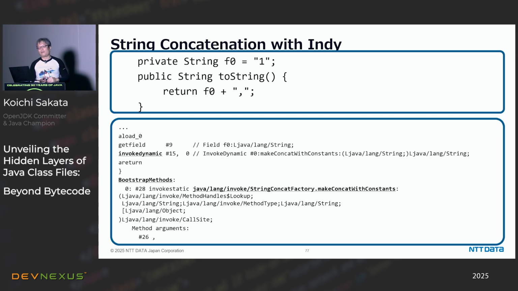When you disassemble a class file using invoke dynamic with javap -v, the bootstrap method makeConcatWithConstants from the StringConcatFactory is called. This is the bootstrap method.